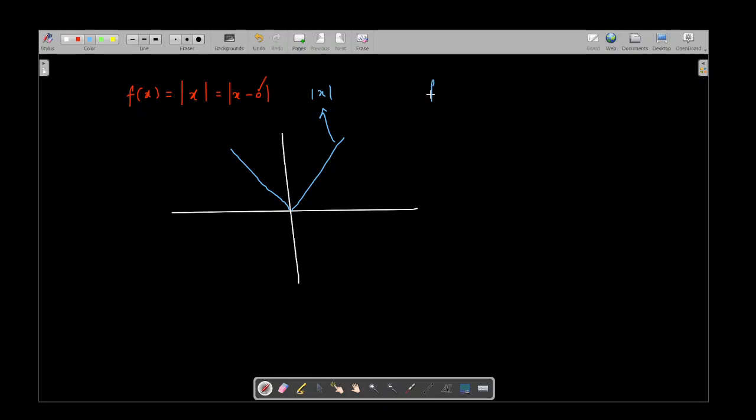If you want f of x is equal to mod x minus 3, then from 3 it looks like this. This value is also 3. And if you want f of x is equal to mod x plus 3, this starts at minus 3.